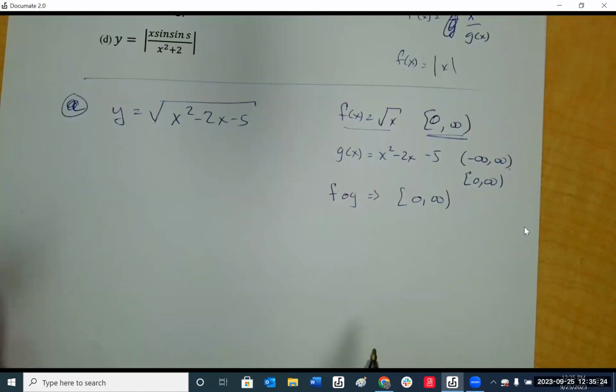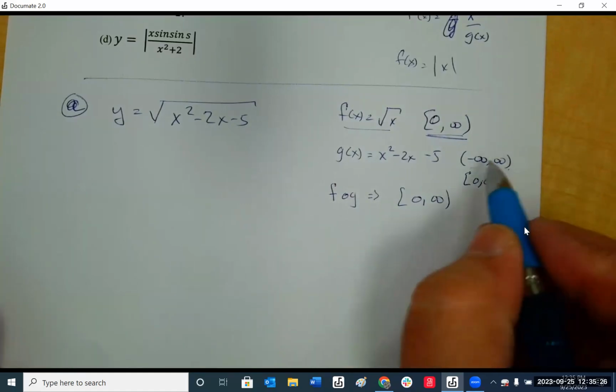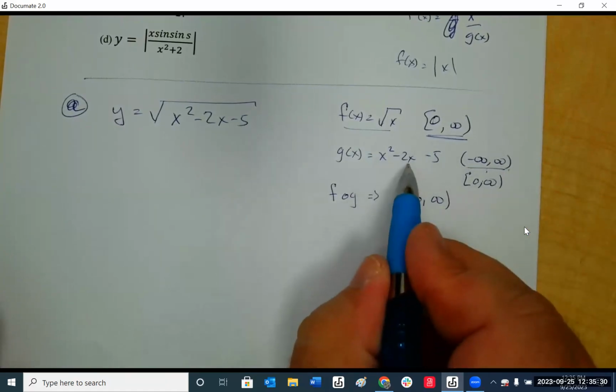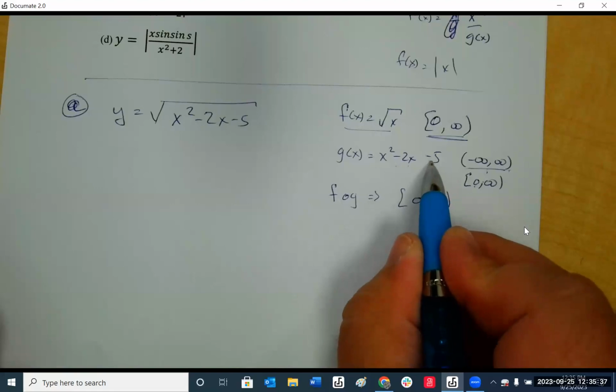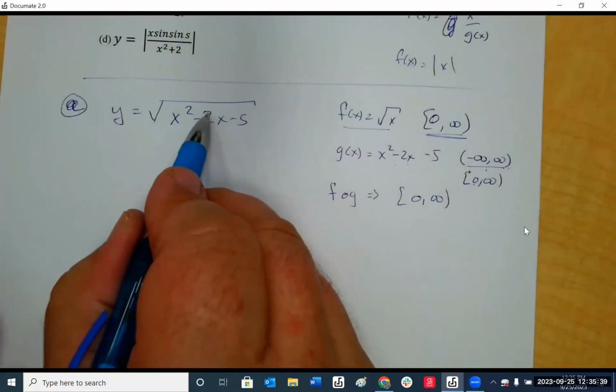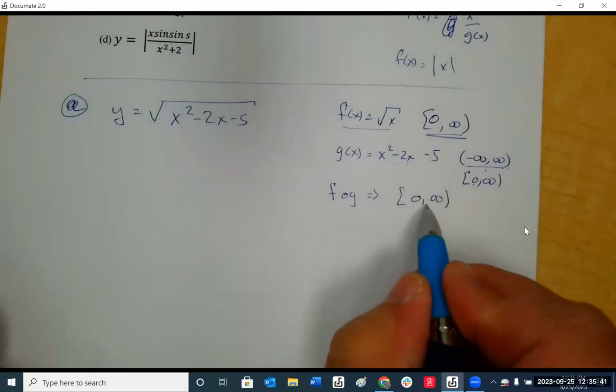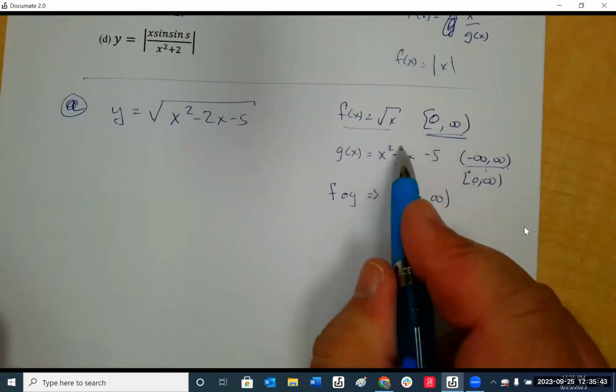But the problem is that we don't know about this one. Even though this is a continuous function, can 0 be used in there? Then we get a -5 and we can't do it. So we have to find the domain of both of these put together.